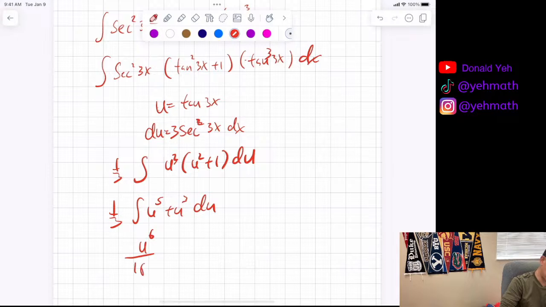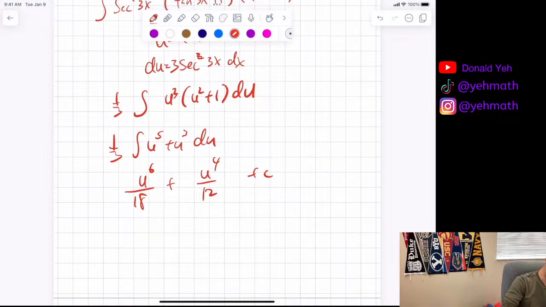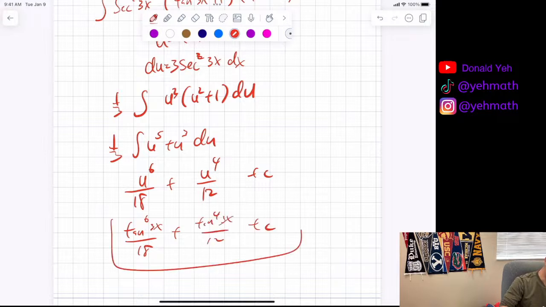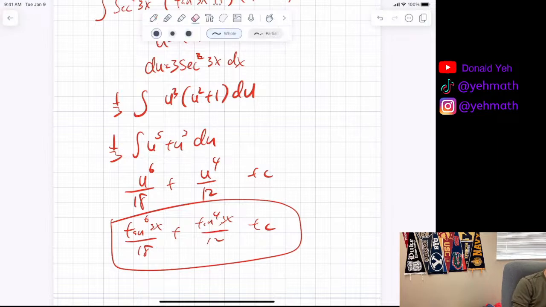Over 6, so it'll be u to the 6th over 18 plus u to the 4th over 12 plus c. So it's going to be tangent 6 of 3x over 18 plus tangent 4 of 3x over 12 plus c. And that should be the answer. All right. Yep, that's right.